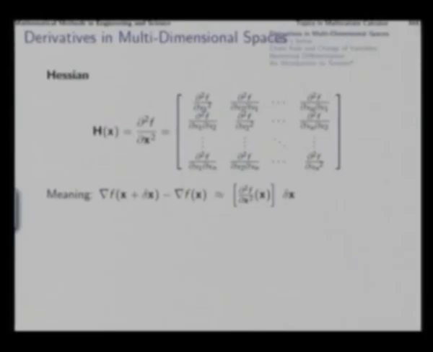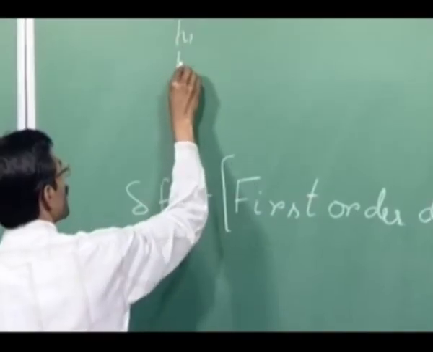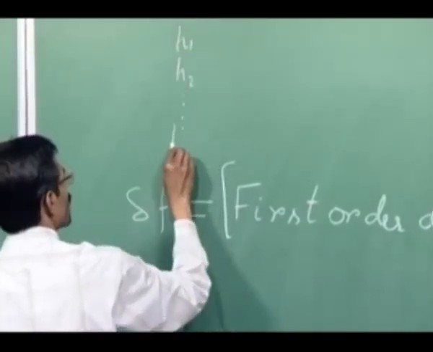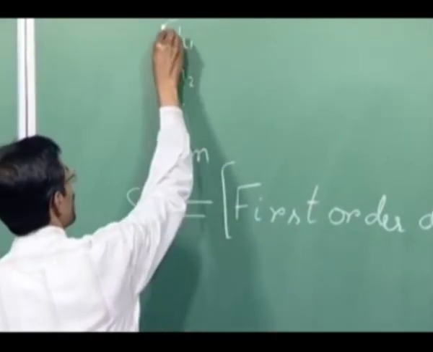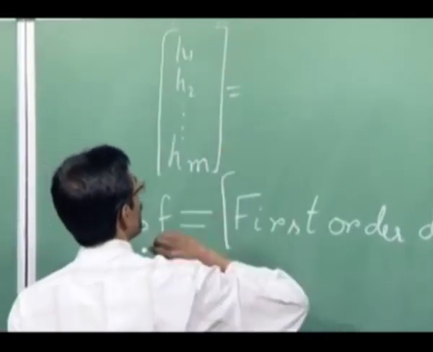Now, so far we have considered the function f to be a scalar function of a vector variable x. We can also consider a vector function of a vector variable. So, now you can say that suppose we have a vector function of m components.